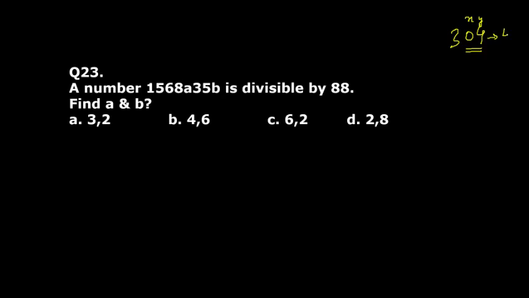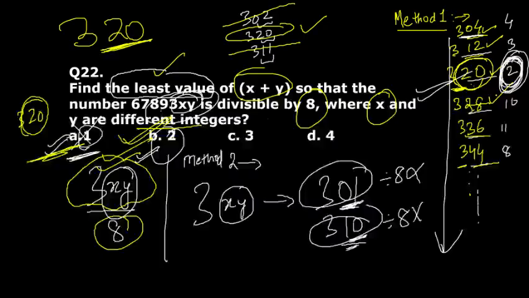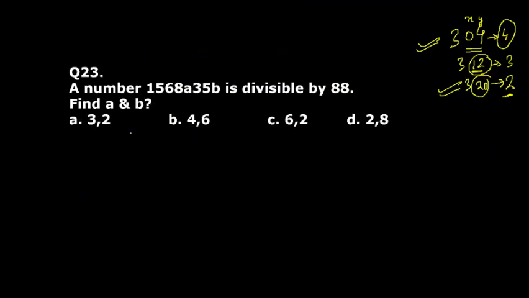That is 4. My question was that this sum should be the least, not your number. Okay. So in the next number we have 312. Here we are getting a sum of 3 for the last two digits. But we want the least. So that is 2 in the next case. In this case it is the least one. The question was to find the least value of x plus y, not your number.